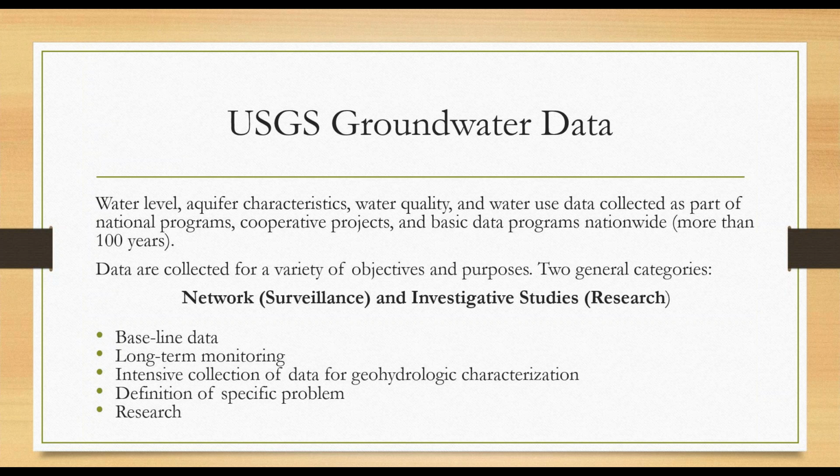They're all stored in the same database, no matter what the objectives and the purpose of the study was, but they are part of national programs as well as cooperative projects and basic data programs that are nationwide. Our data have been collected for more than 100 years, so we do have quite a few sites that have long-term data available for retrieval to the public.